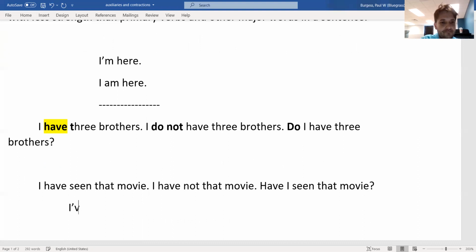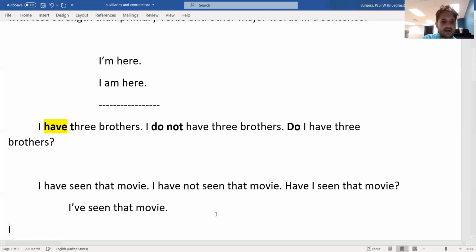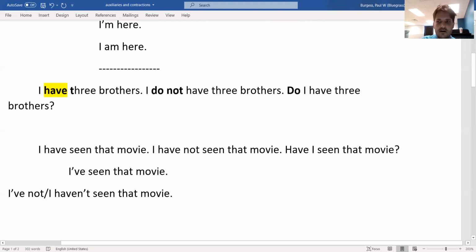It's just a helper. I've seen that movie. This should say I haven't seen. So again, auxiliary. I've not or I haven't seen that movie. All right, so hopefully we're starting to notice a pattern here that the contracted forms are those auxiliaries.